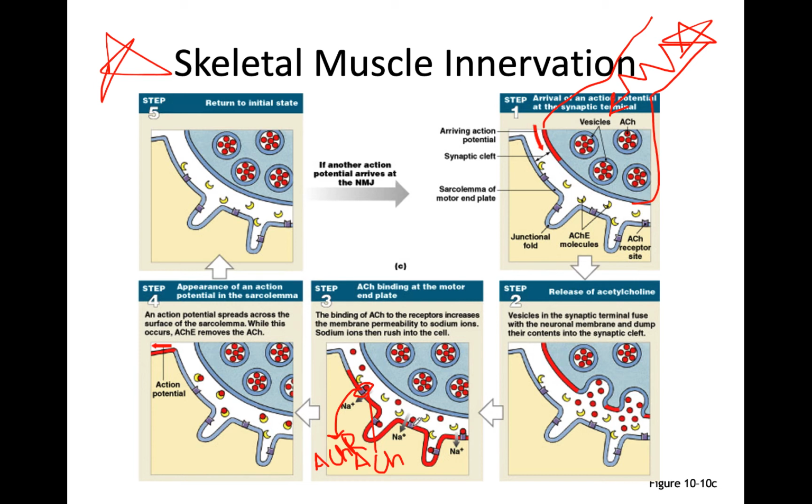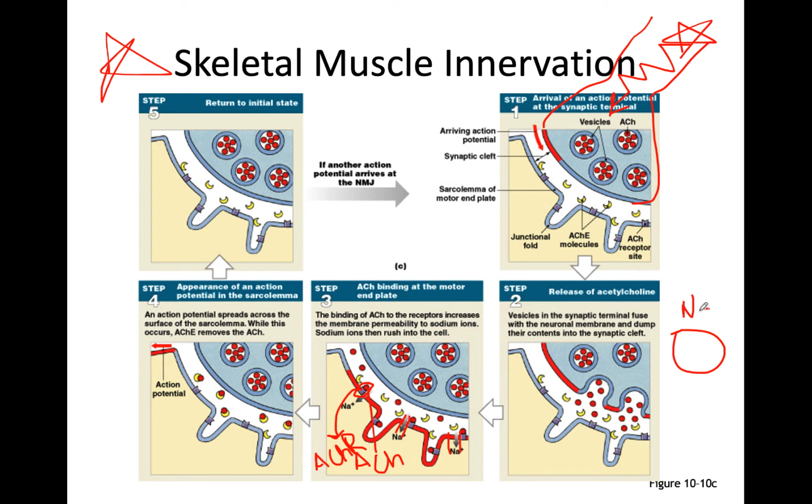Now, what it does that's super cool is that when acetylcholine binds to the acetylcholine receptor, it opens up sodium channels in the membrane. So binding of acetylcholine to the acetylcholine receptor in and of itself is the signal to open up sodium channels. Now remember, in any cell, where do you find a high concentration of sodium? Inside the cell or outside the cell?